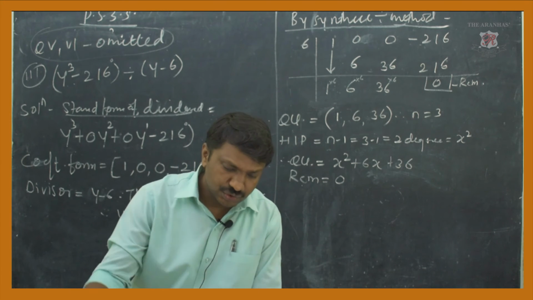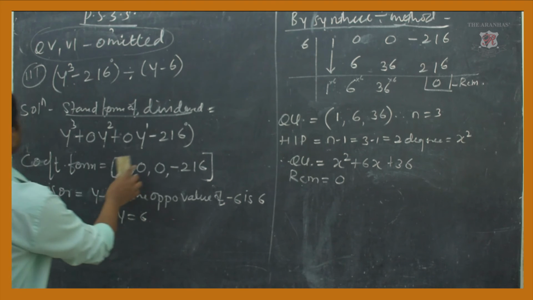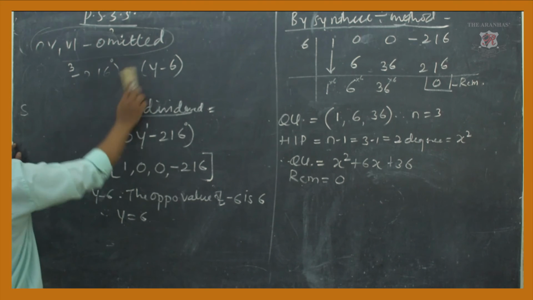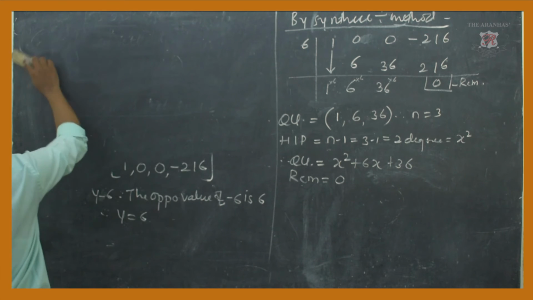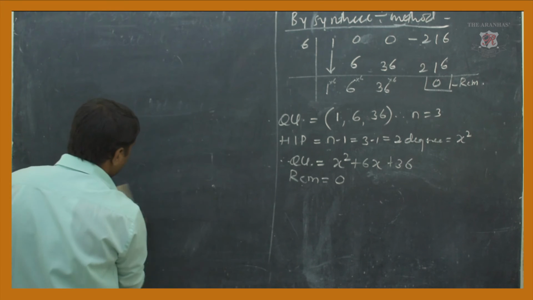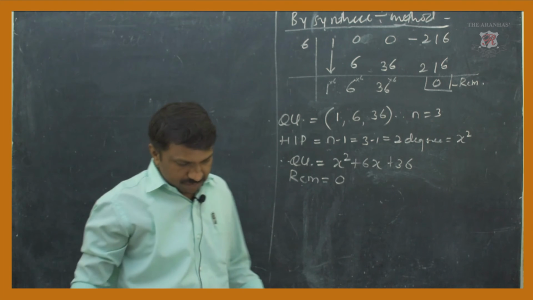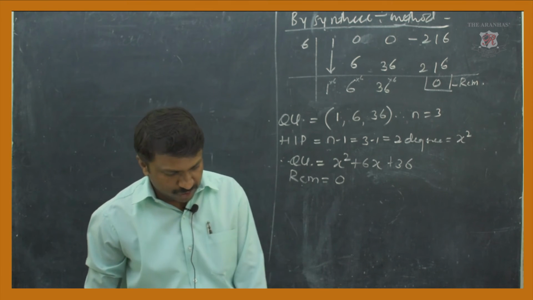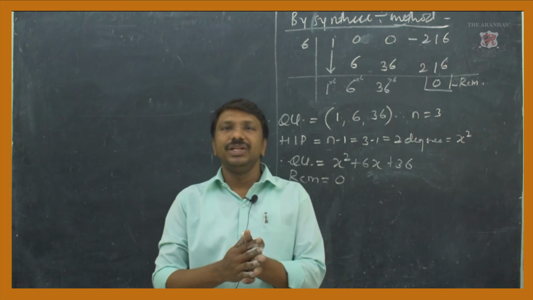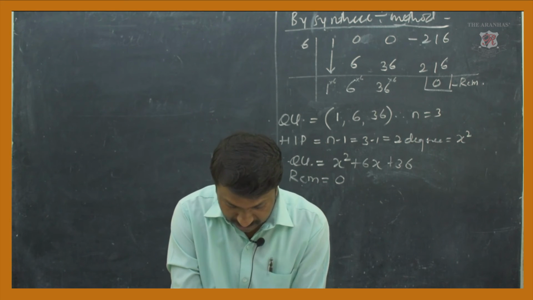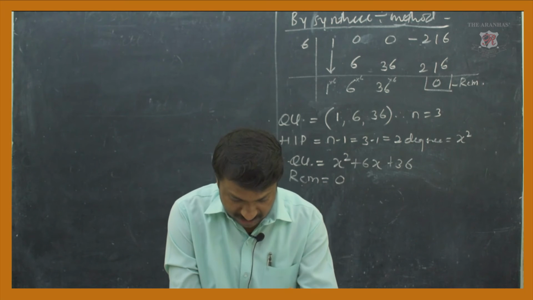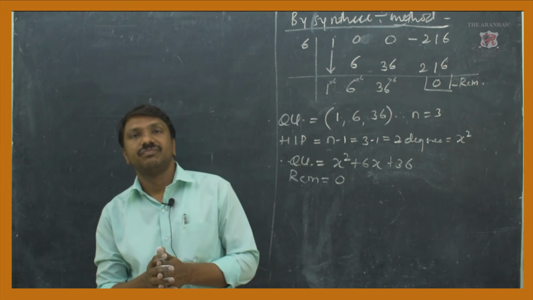Okay children, so today we completed the synthetic division. After this we will see the next one, that is the value of the polynomial. It's the next exercise, but before that, what does the value of a polynomial mean? In a polynomial, if the variable is replaced by a number, then what do we get?